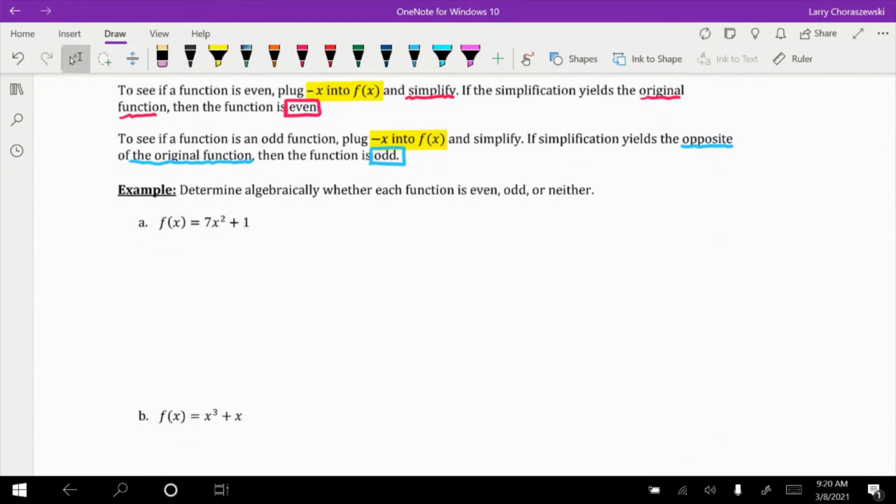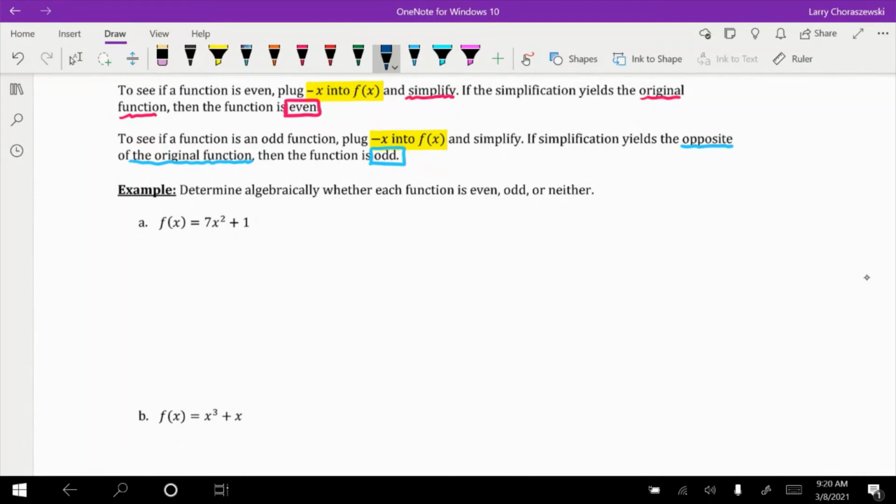So I'm going to show you a way of looking at all the different possibilities that we would get when trying to see if a function is even, odd, or neither. And I'm going to do this in a tabular format. I'm going to set up a table here. And the table is going to have 3 columns and 2 rows.